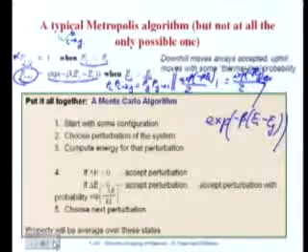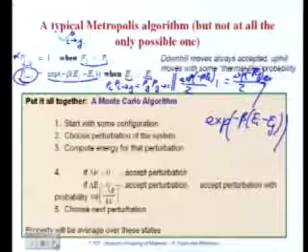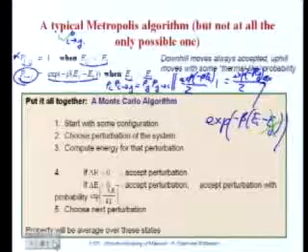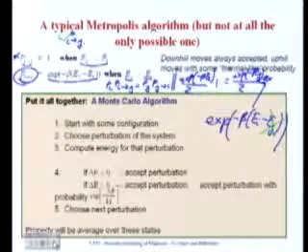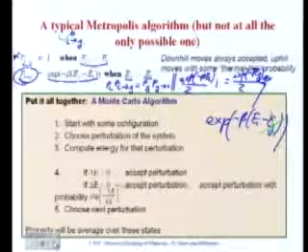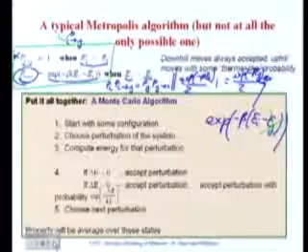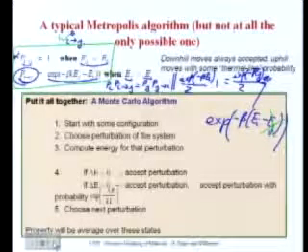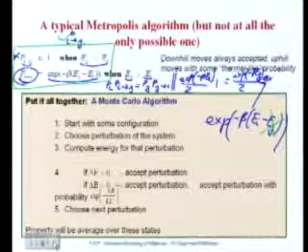Okay? This Ej cancels with this one. And so you get that the exponential of minus beta Ei equals the exponential of minus beta Ei. So this set of transfer rates satisfies detailed balance, in an almost trivial way.